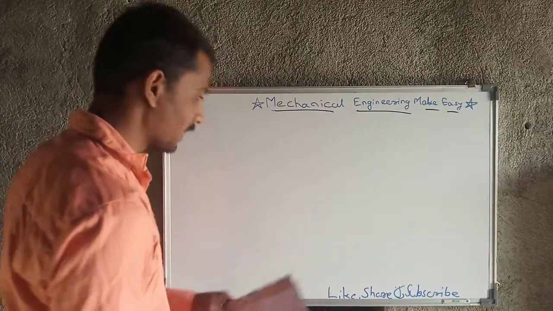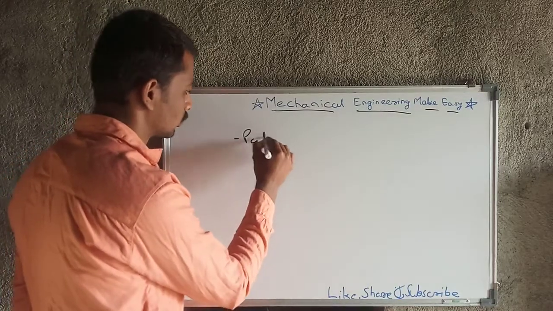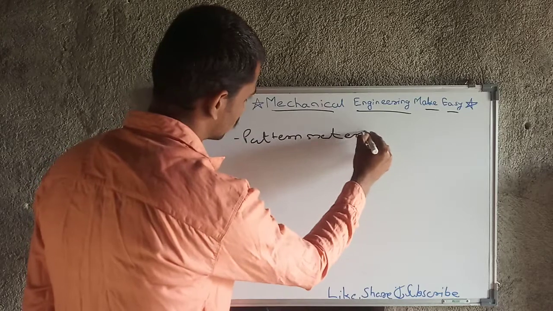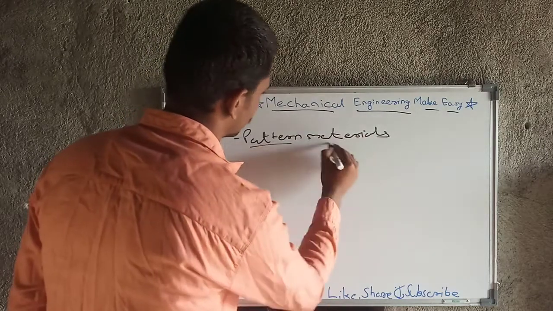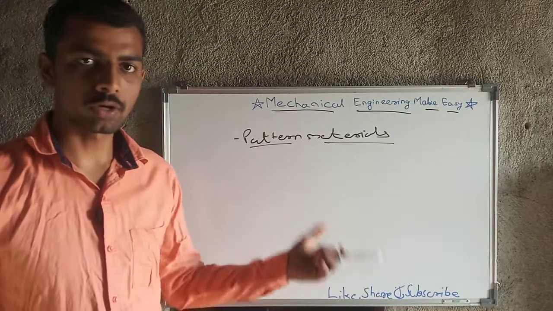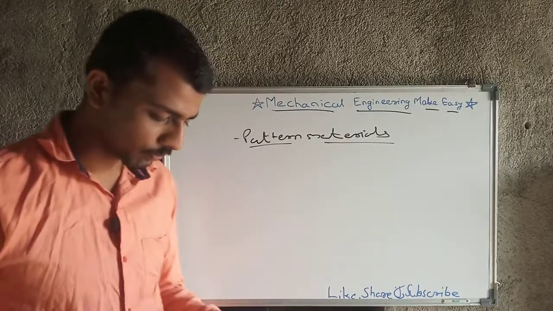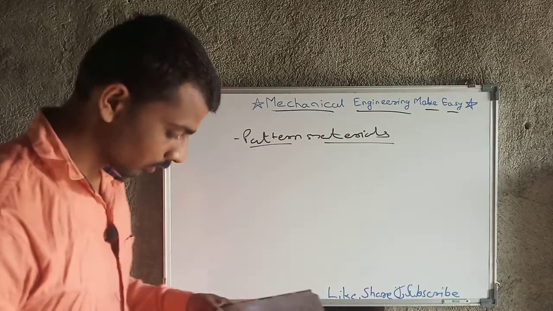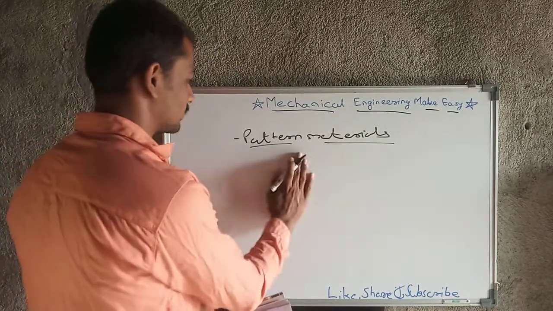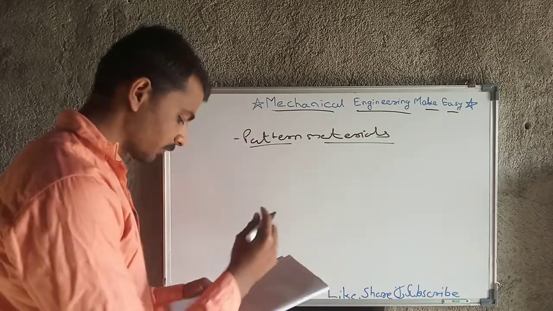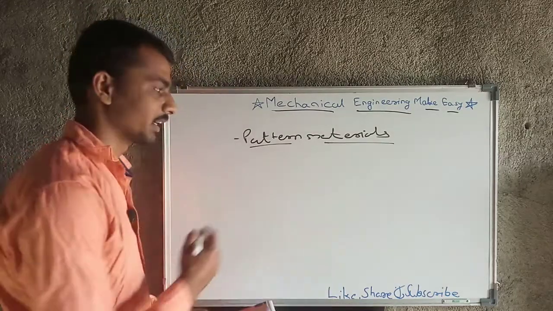After that, the pattern materials. Pattern materials means what materials we have to use for patterns. There are a number of materials, and the factors depending on which we select the pattern material are, first, the number of castings to be made.